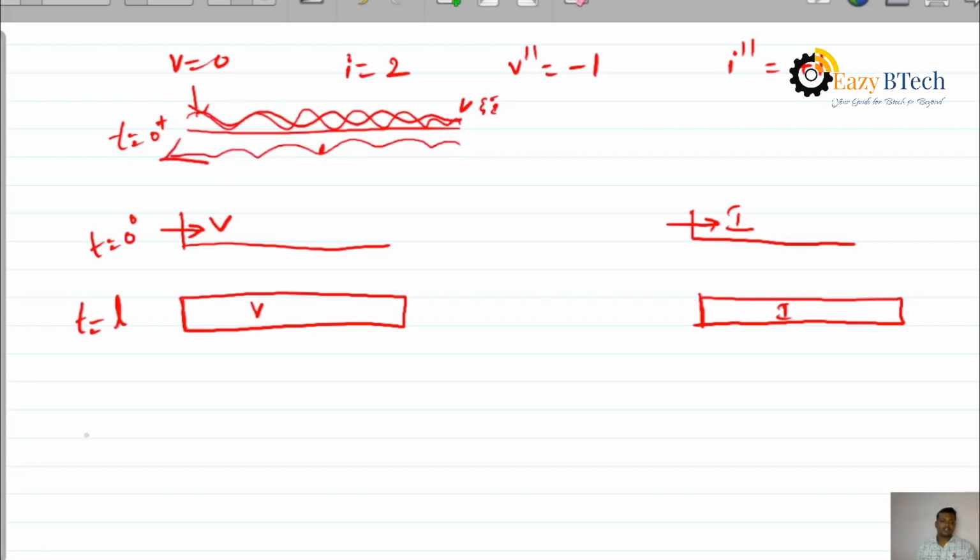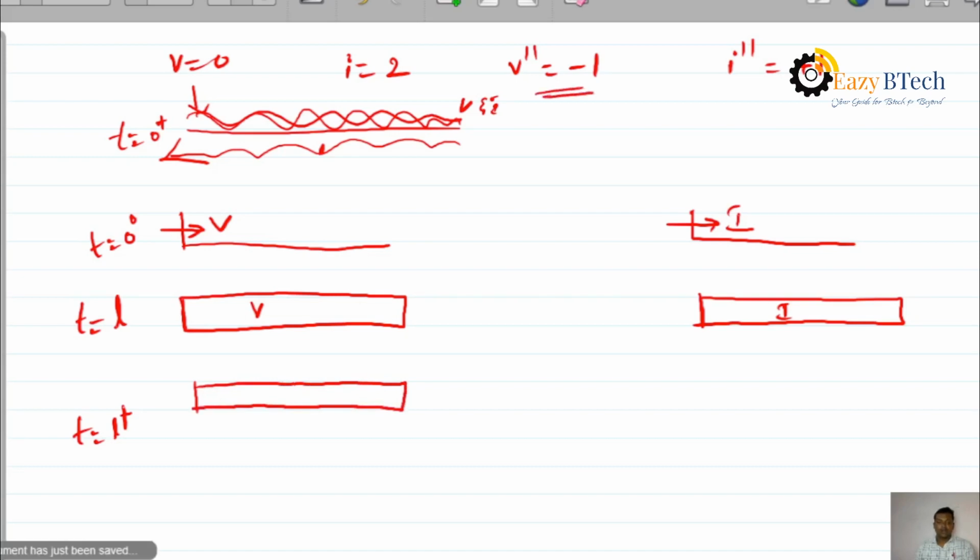We will see at t equal to L plus. The reflection coefficient of the voltage waveform is minus 1. V is incident, therefore minus V is reflected back.